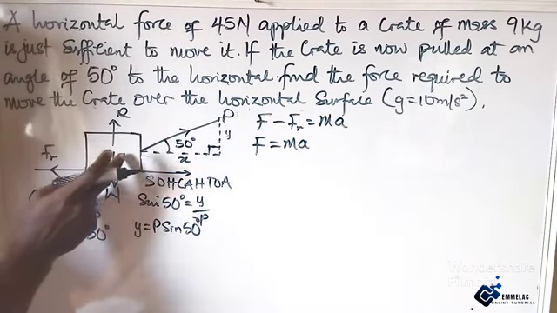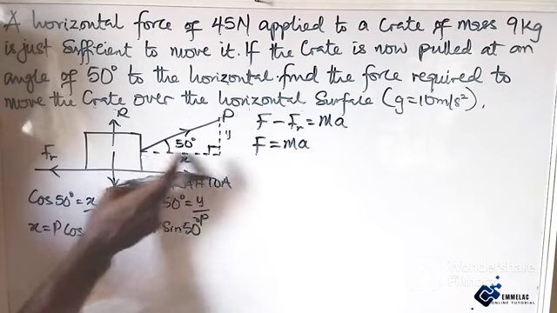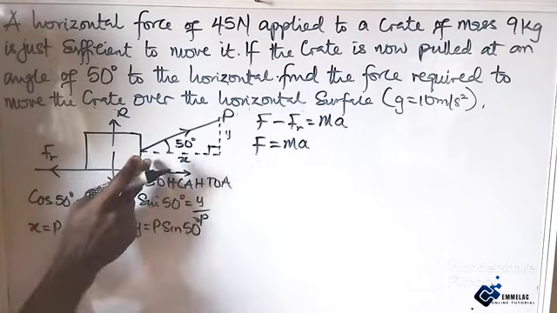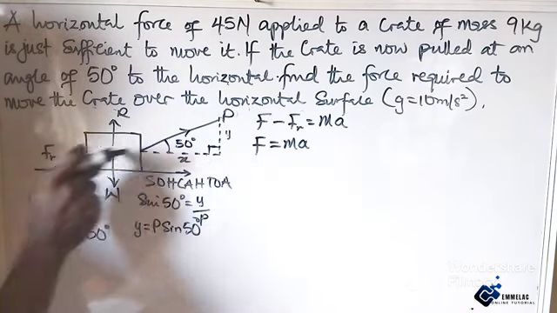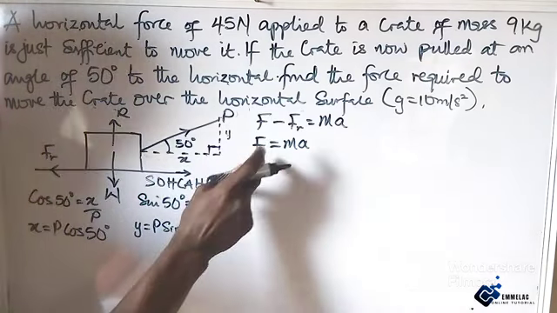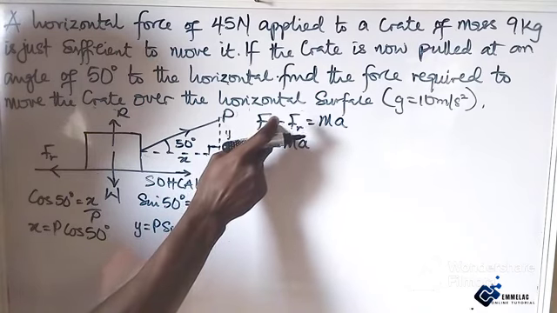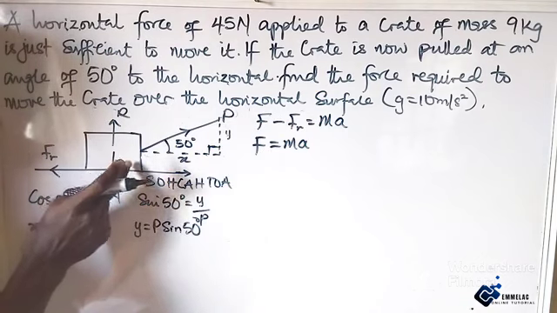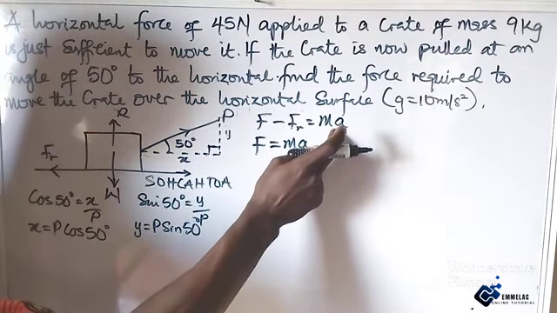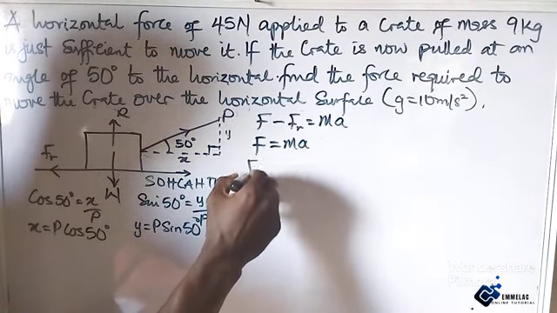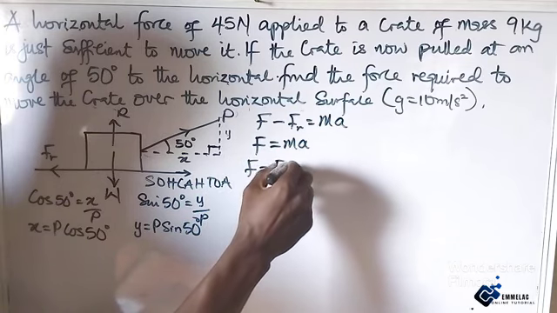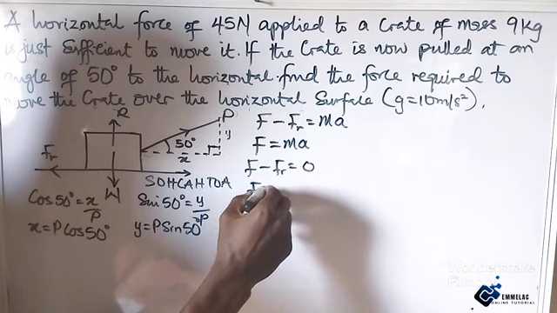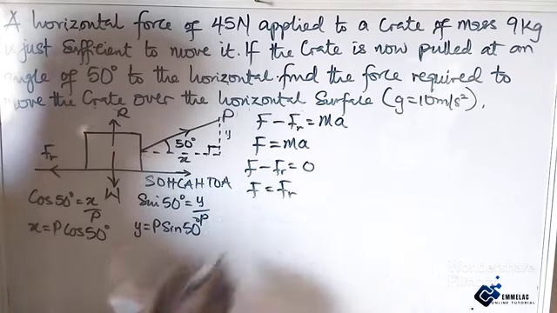But we have two forces here, one in this direction and one in this direction. For this to move, this one must be greater than this. Since this body is not accelerating, this one becomes 0. So here we have that F minus Fr equals 0. So F will give us Fr.